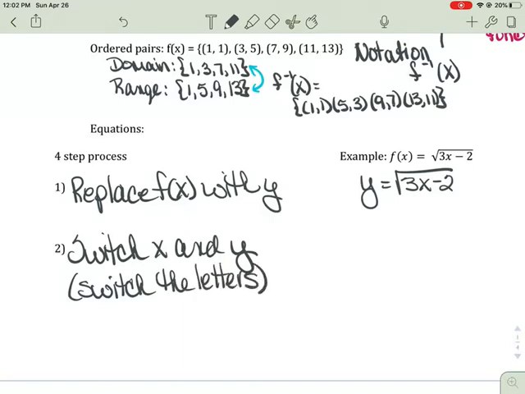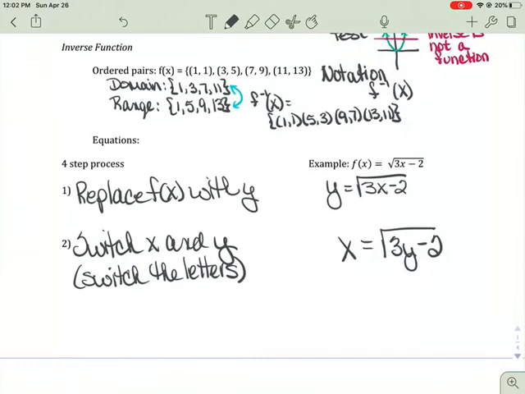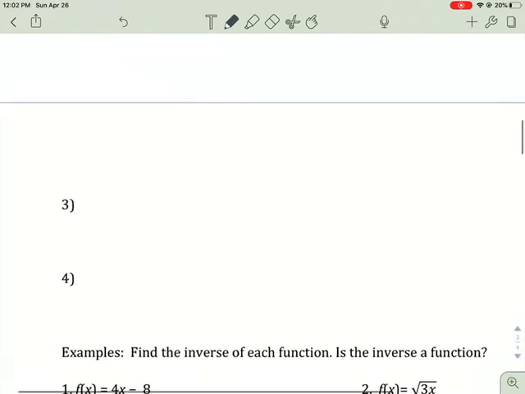So instead of y equals square root of 3x minus 2, it's going to be x equals square root of 3y minus 2. All we did was switch our letters.